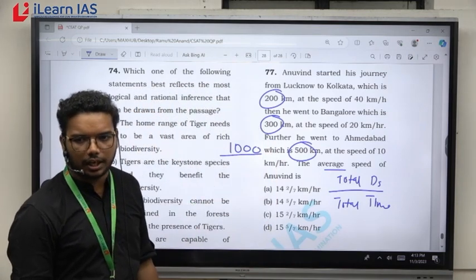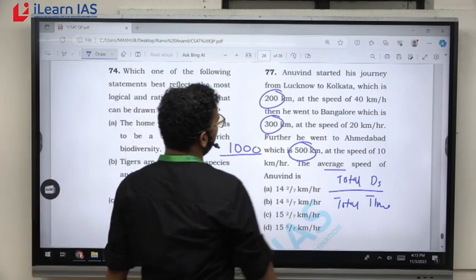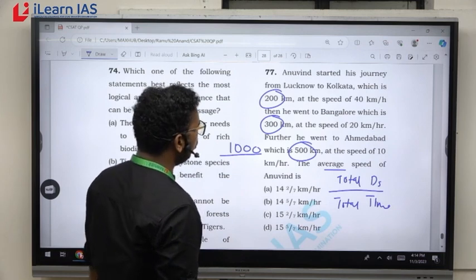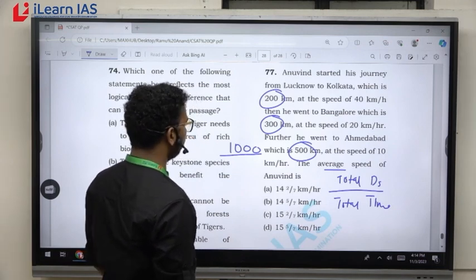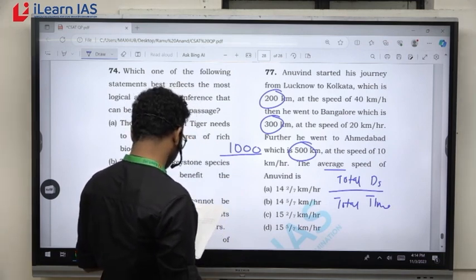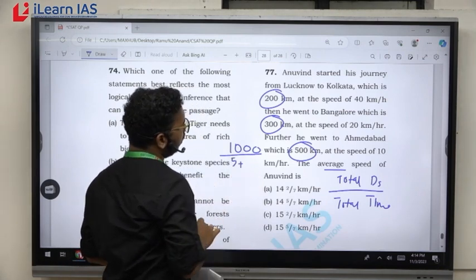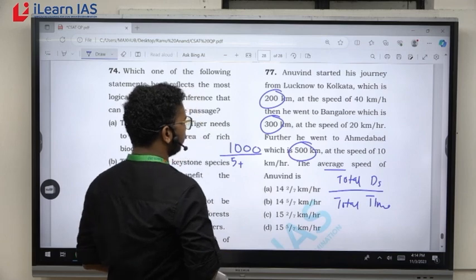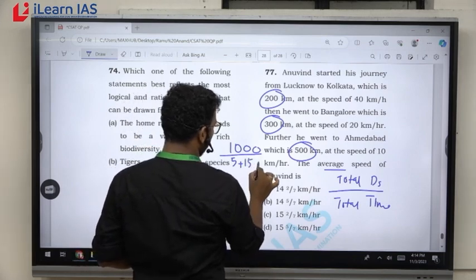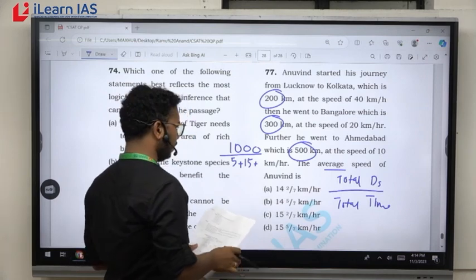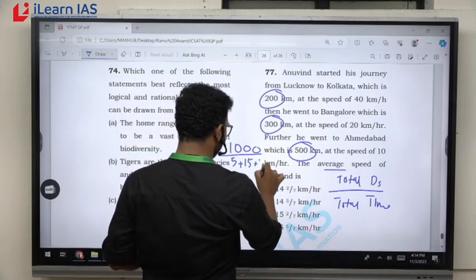Total time is the sum of the individual times. Distance by speed equals time. 200 by 4 will be 50 hours plus 300 by 20 is 15 hours plus 500 by 10 that would be again 50 hours.